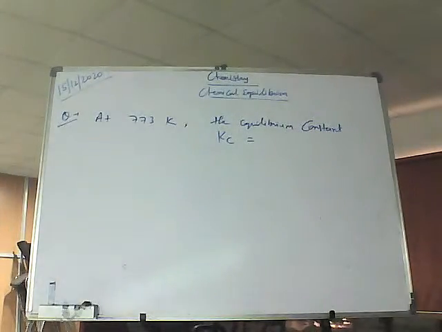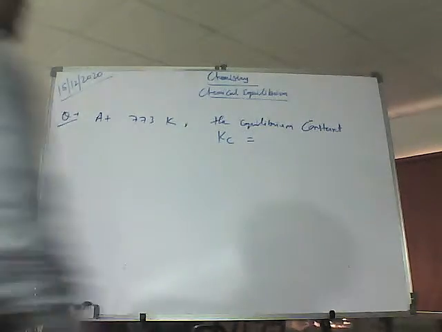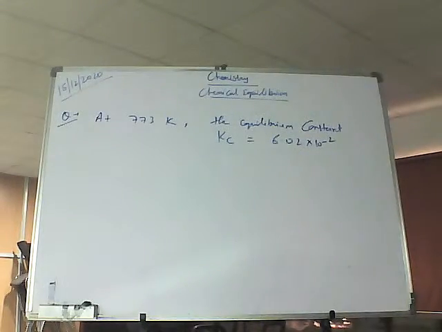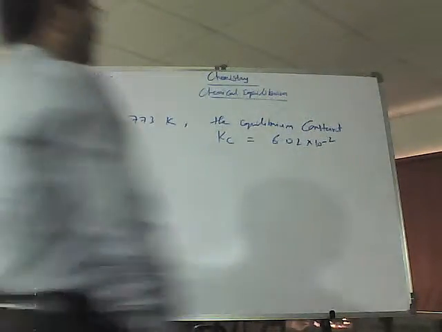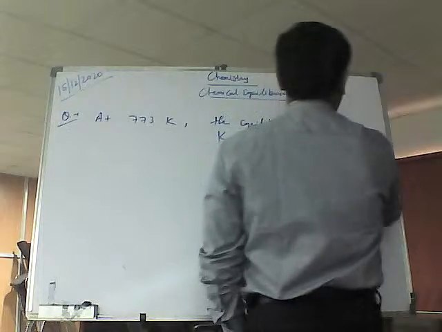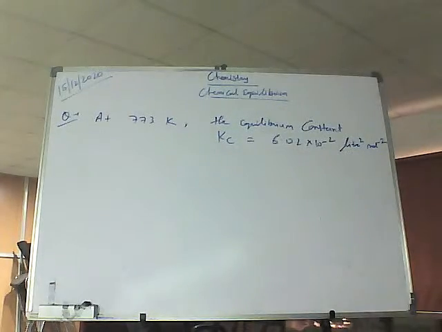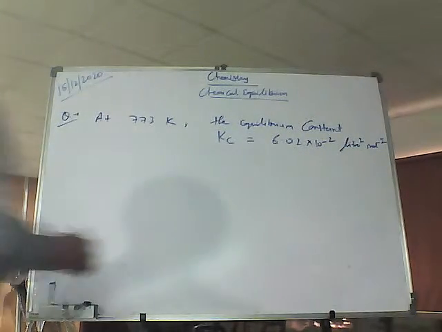The value of Kc is given as 6.02 into 10 to the power minus 2 liter square mole minus 2. And the reaction is already given, again the formation of ammonia.